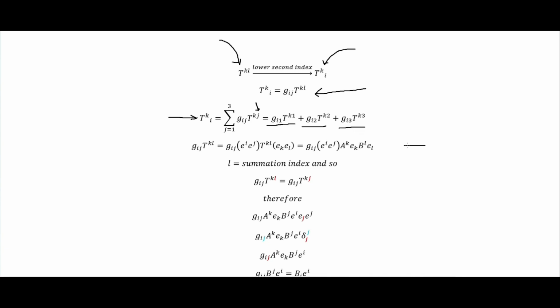And so here, what I'm doing is showing that, so we have this g_ij T^kl, then I put the bases explicit here. So if you have downstairs indices on your components, then you have upstairs indices on your basis, and then the opposite here. So if you have upstairs indices on your components, we have downstairs on your bases.